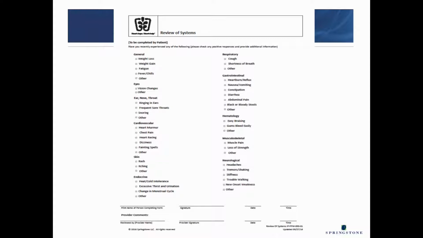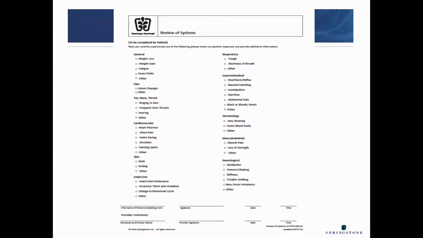It contains at least 10 of the systems, and there's room at the bottom for the person who completes the form to sign it, date it, and time it, as well as for the provider who reviews this, which is the psychiatrist or psychiatric NP or PA, to write any comments based on what the patient has checked, and then again sign, date, and time.